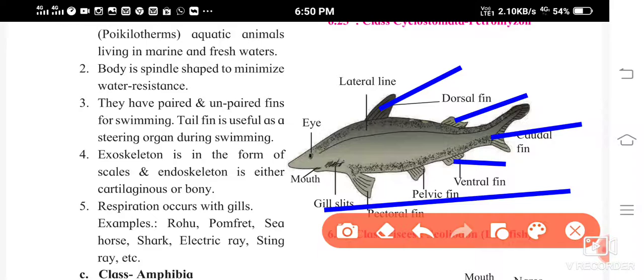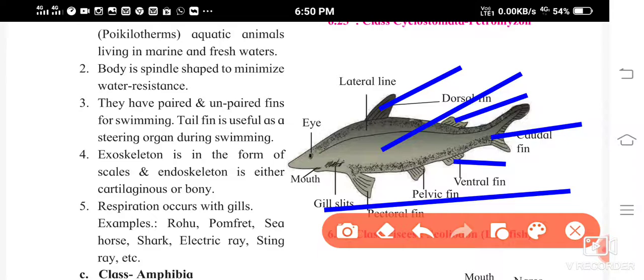Now the exoskeleton is in the form of scales, and the endoskeleton is either cartilaginous or bony. So the exoskeleton, the outside skeleton, has scales present on it.